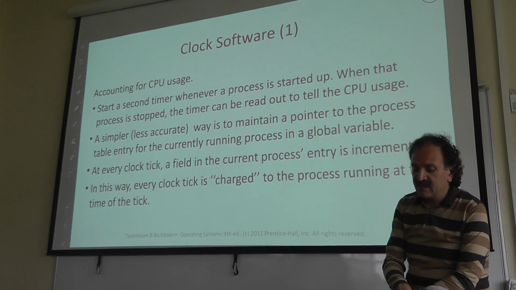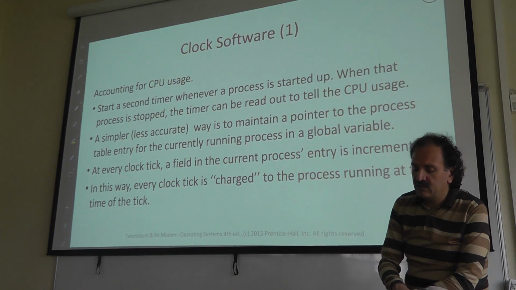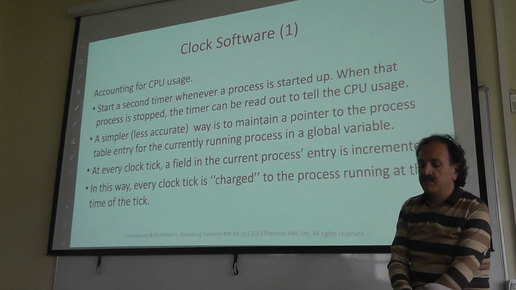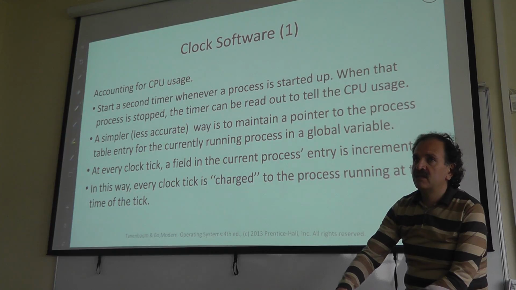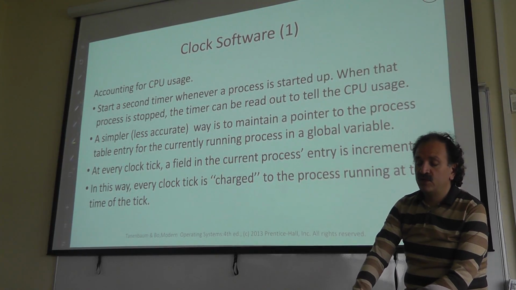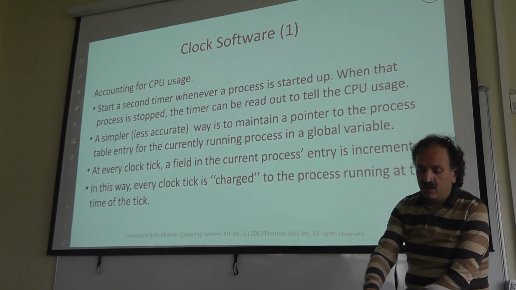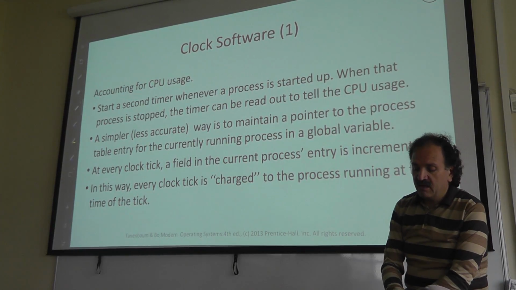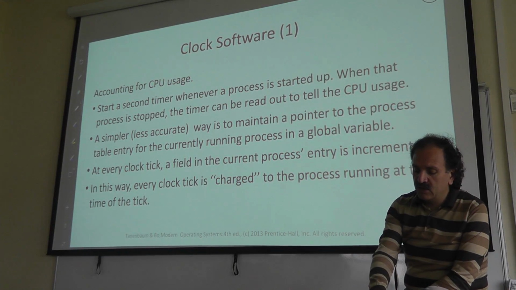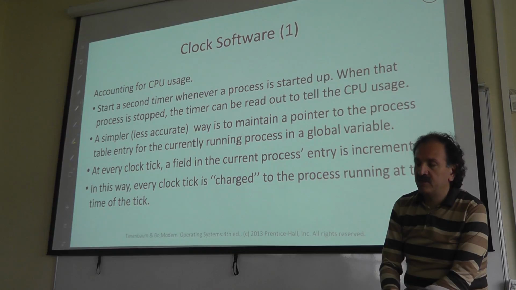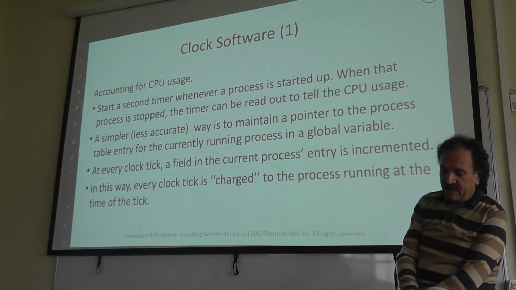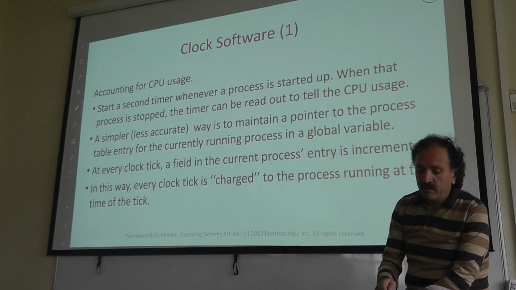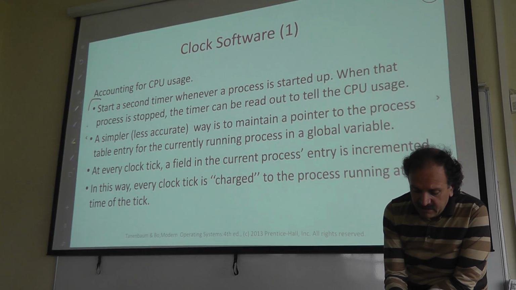When that process is stopped, the timer can be read out to tell the CPU usage. So for each process using the CPU, you start a timer. When the process stops, you read that timer and you put that information inside the process table entry of that process. So this requires a second timer.